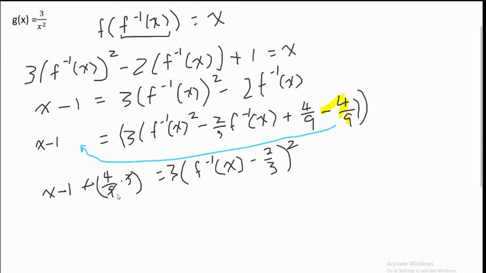These cancel out, so we have 3 down here. So x minus 1 plus 4 over 3. This is equal to x plus 1/3 equals 3, and then we have this stuff in there.